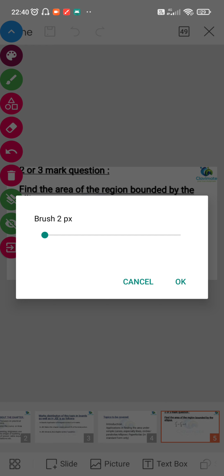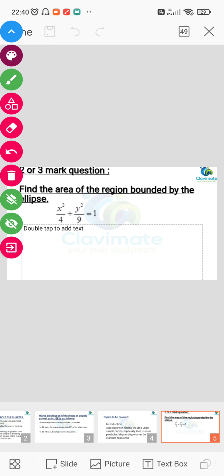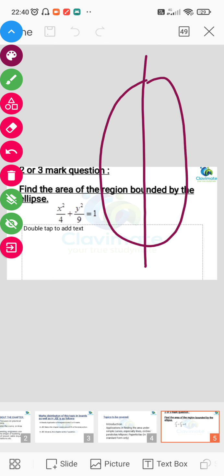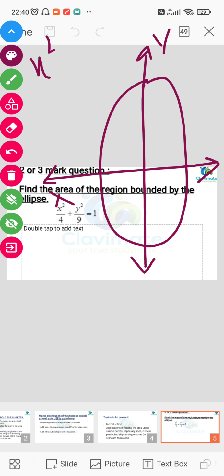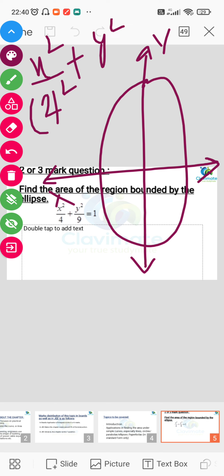We are given x square by 4 plus y square by 9 is equal to 1. So if this is our ellipse, with this as our x axis and this as our y axis, I can write it as x square by 2 square plus y square by 3 square.